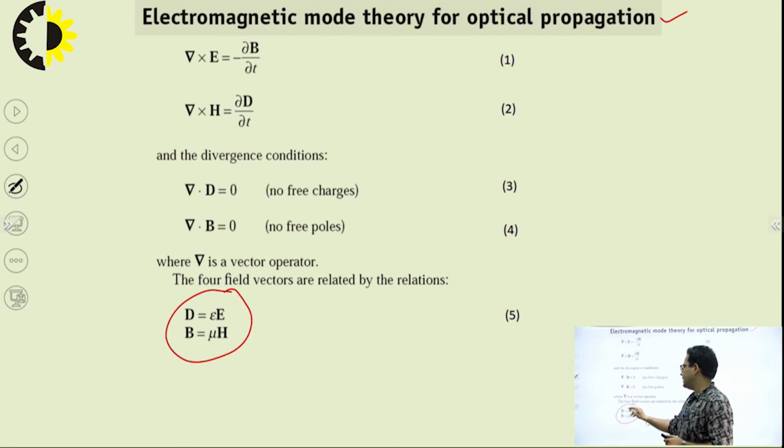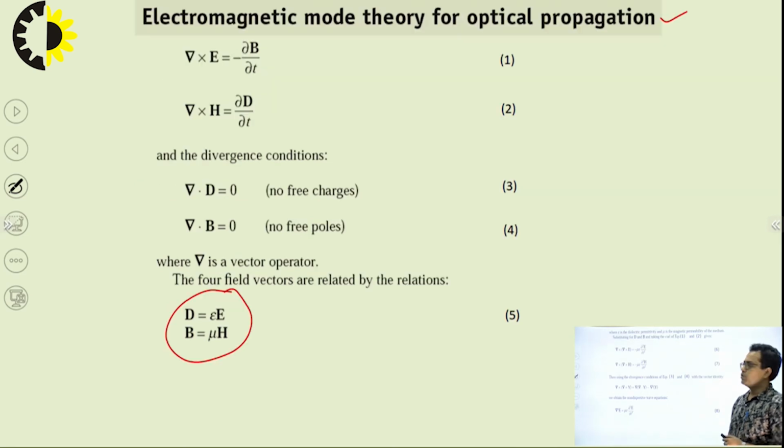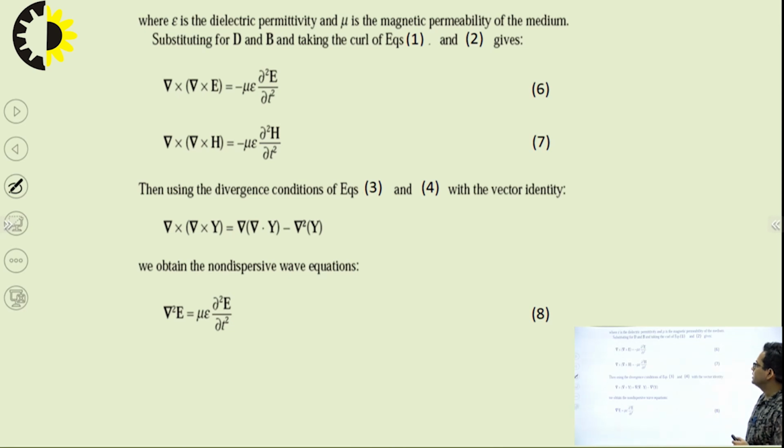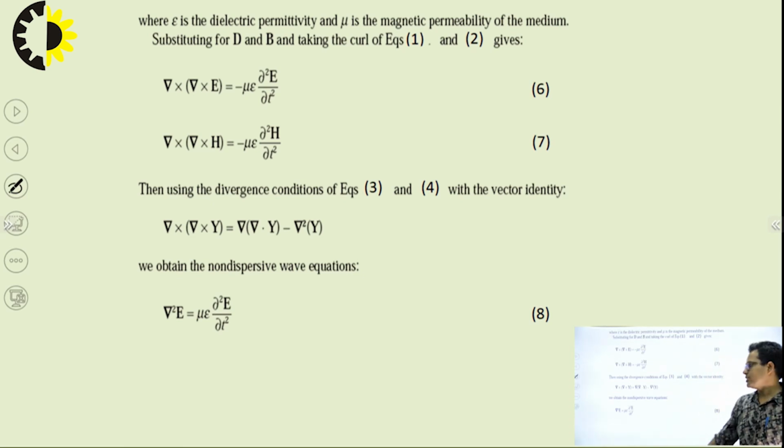The next thing is that D and B can be written in terms of electric permittivity and magnetic permeability as D equals epsilon E and B equals mu H. With the help of the first and second equations, if we take the curl of those equations, then it can be rewritten as del cross del cross E equals minus mu epsilon del 2 E upon del t square. Similarly, the next equation can also be rewritten.